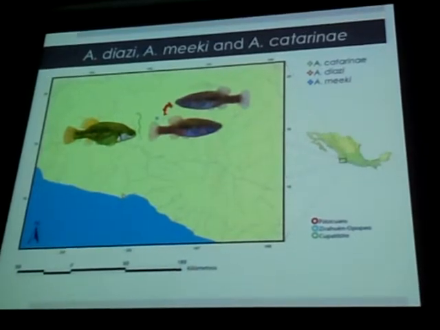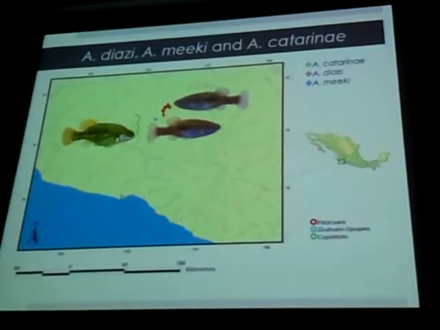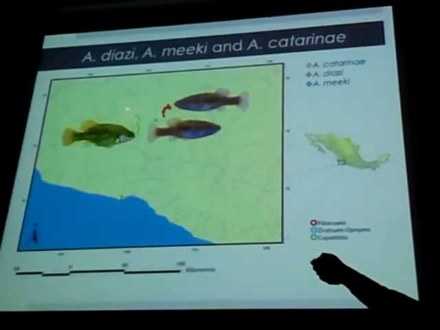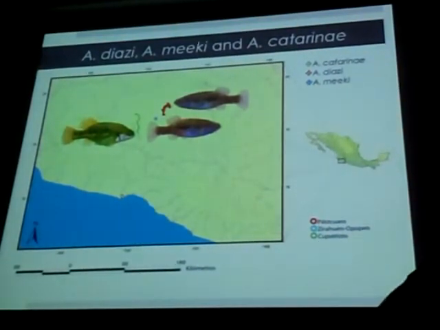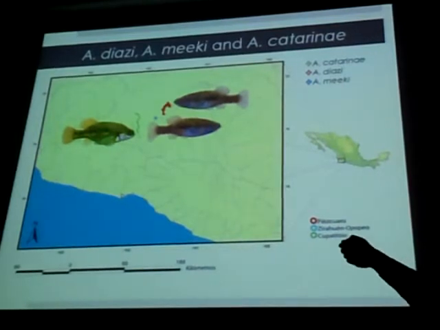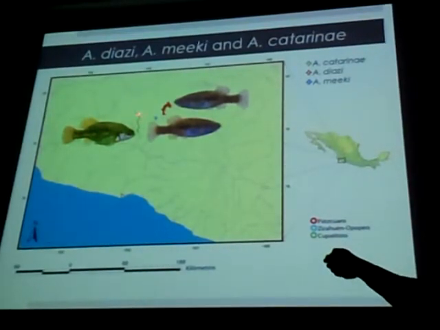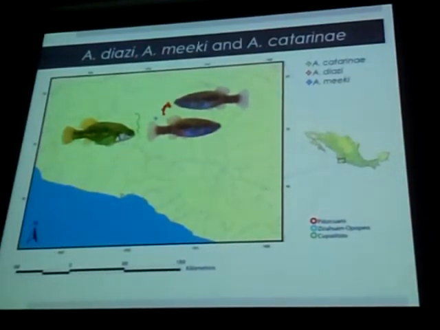There are 4 populations here. One in Santa Catarina Spring, another in El Sauco, and the other side of Santa Catarina.